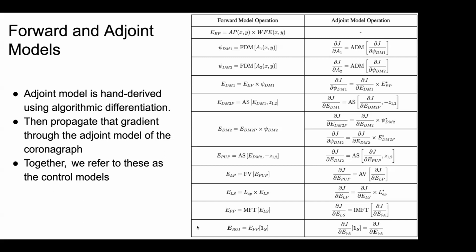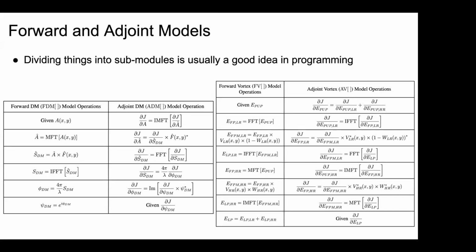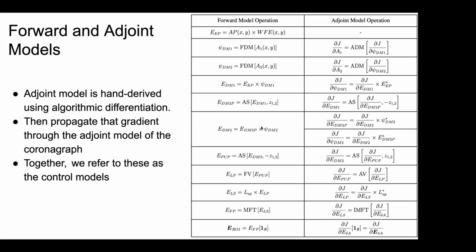I made 2 simplifications in this table, which were the forward DM operations and the forward vortex operations, as I'm calling them, as well as their respective adjoint DM operations and adjoint vortex operations.